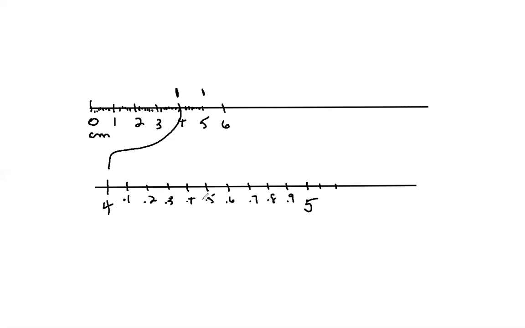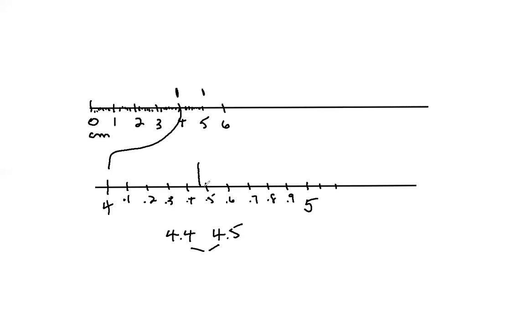So now let's consider that we're measuring something, and what we're measuring comes to there, and we want to report that length. We can see that our measurement is larger than 4.4 and smaller than 4.5. This measurement is in between those.